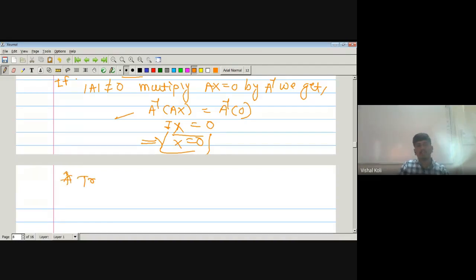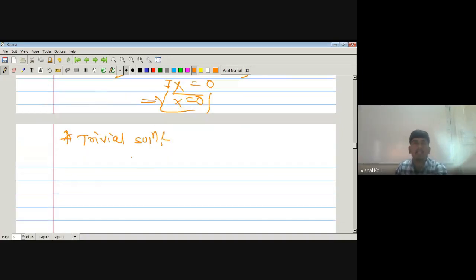Okay, see what a trivial solution is. If x1 equal to x2 equal to 0 in a homogeneous system of two equations with two unknowns, it is called a trivial solution.